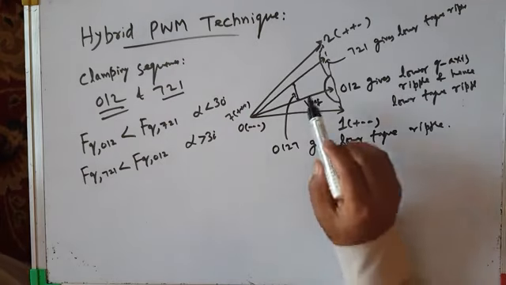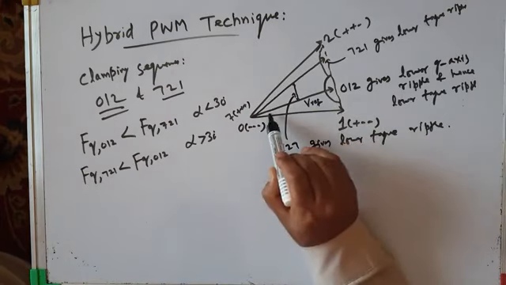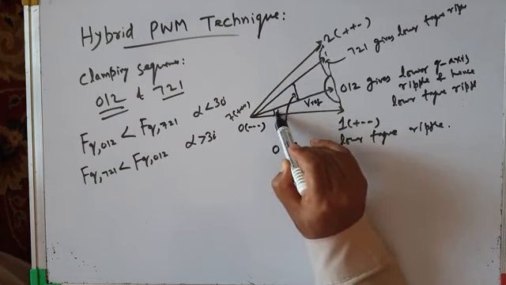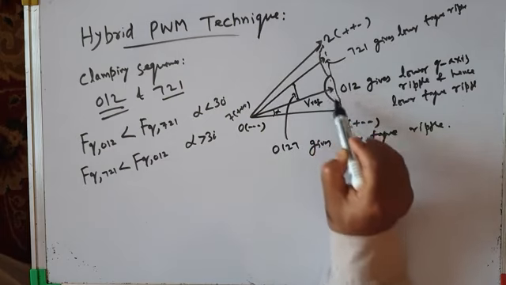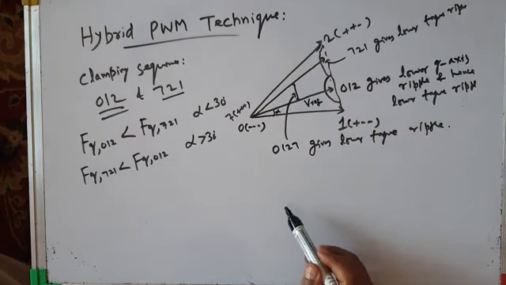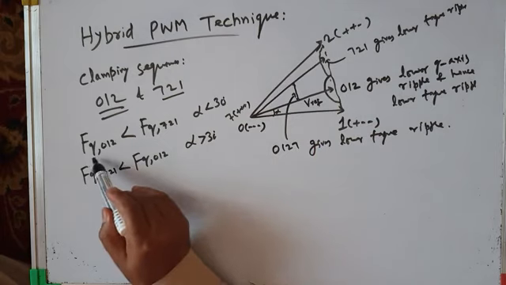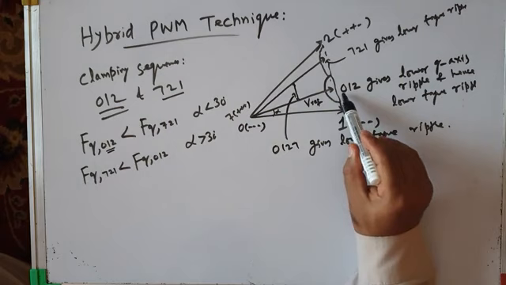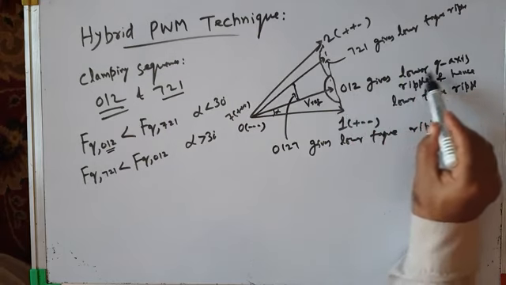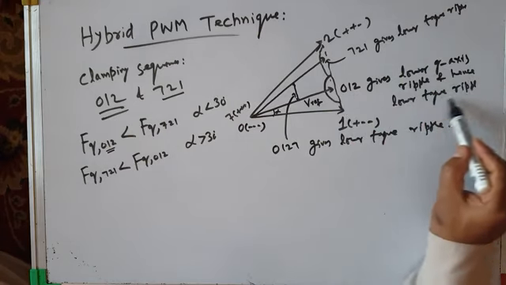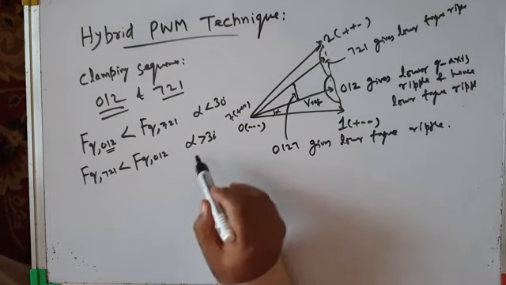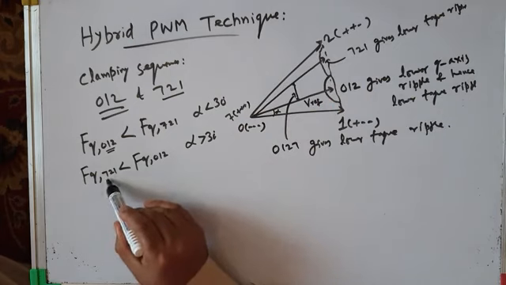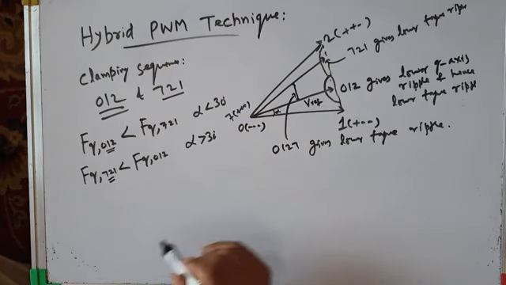And therefore, if your reference vector is within this period, here alpha is less than 30 degrees. यहाँ से यहाँ तक, it's less than 30 degrees. And we know that for alpha less than 30 degrees, the 012 clamping sequence gives less stator flux ripple. So that is what I have written here: 012 gives lower Q-axis stator flux ripple and hence low torque ripple. On the other hand, if my reference vector is somewhere here where alpha is greater than 30 degrees, then the 721 clamping sequence will give less stator flux ripple.